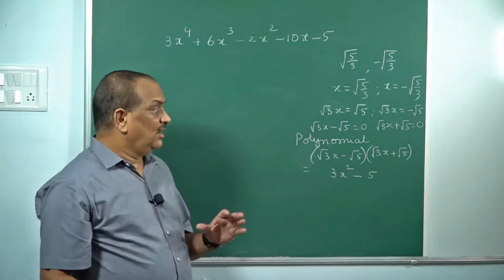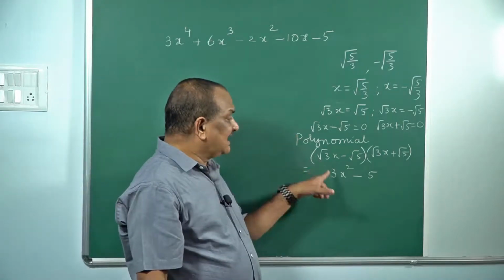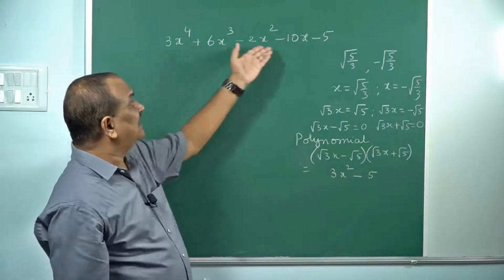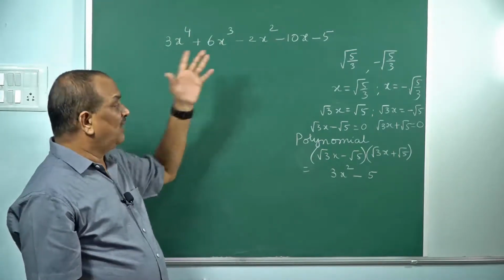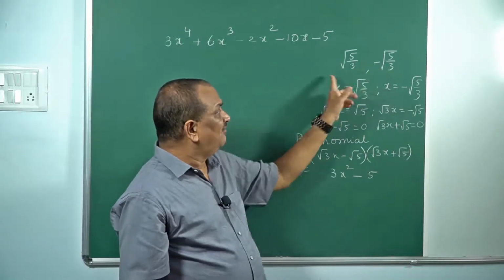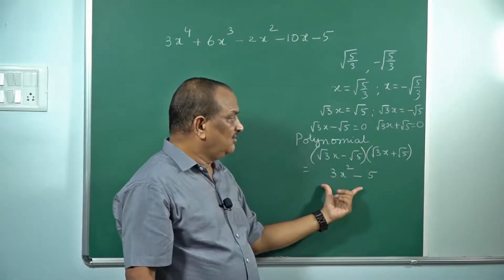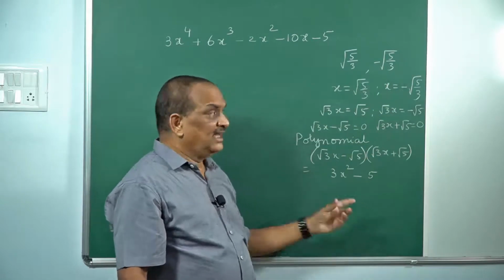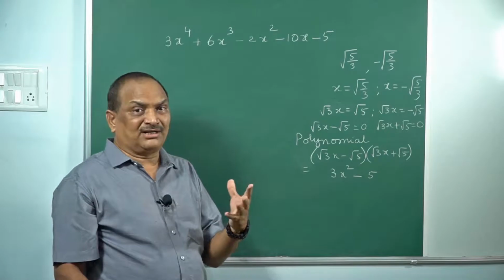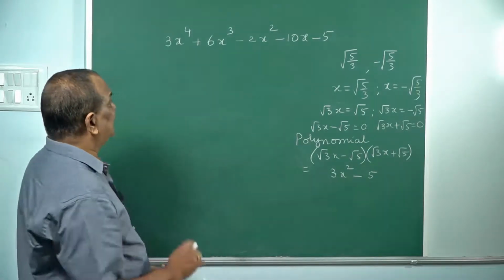So now I have got a second degree polynomial which must be a factor of this one. I am given two zeros. I have found a polynomial which has these two zeros, and this is divided by this one so that I get the product of two more factors.